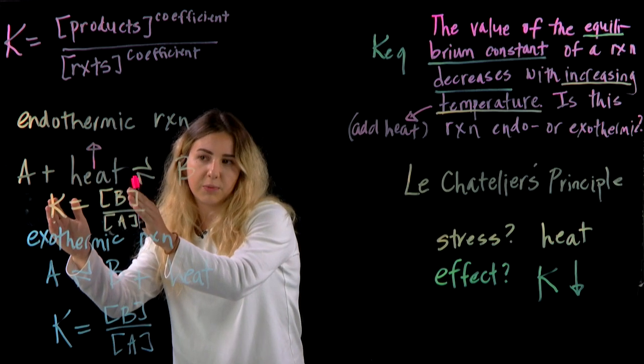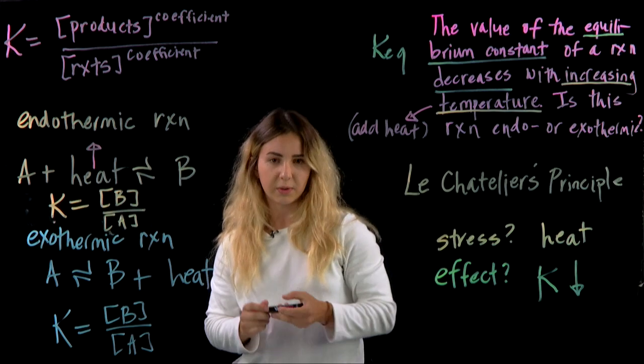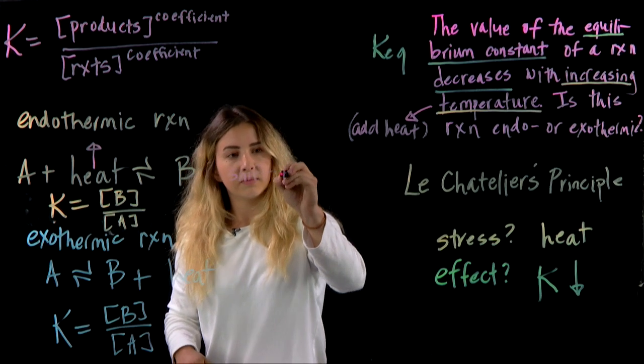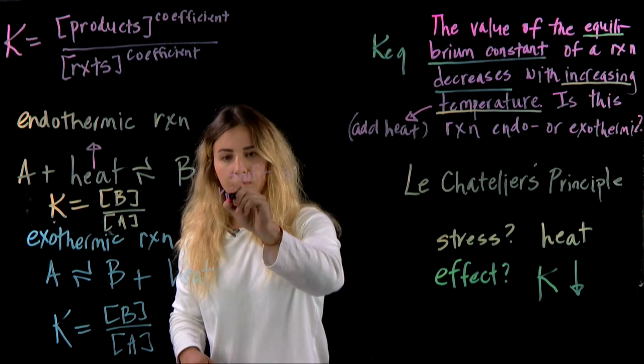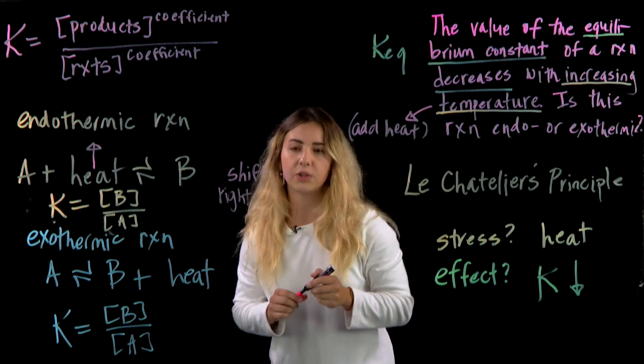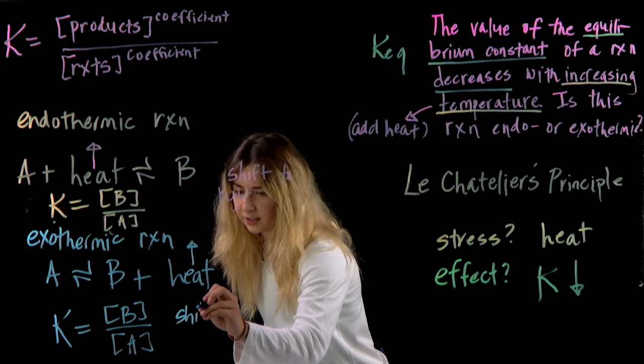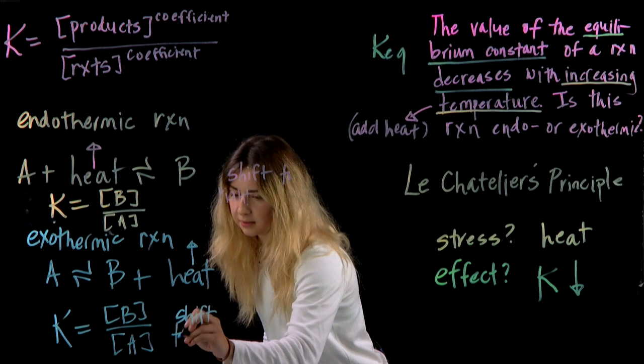So the equilibrium is going to shift to the right toward the products. So we're going to shift to the right. So here we're going to shift to the left when we add heat.